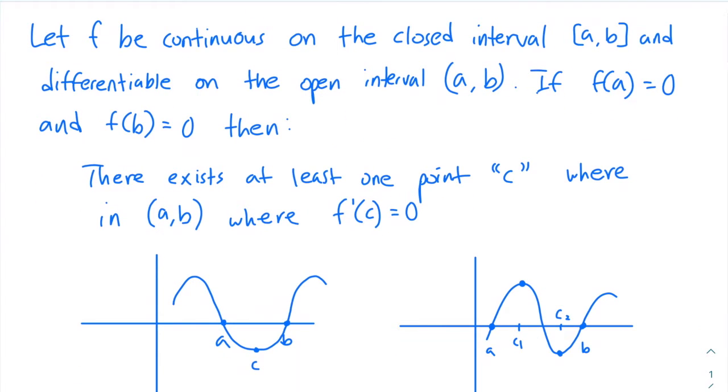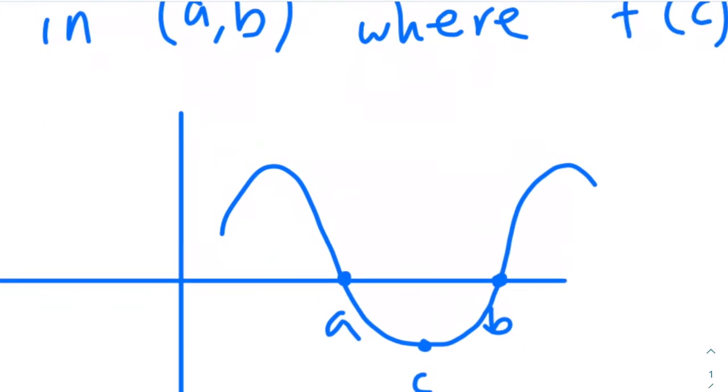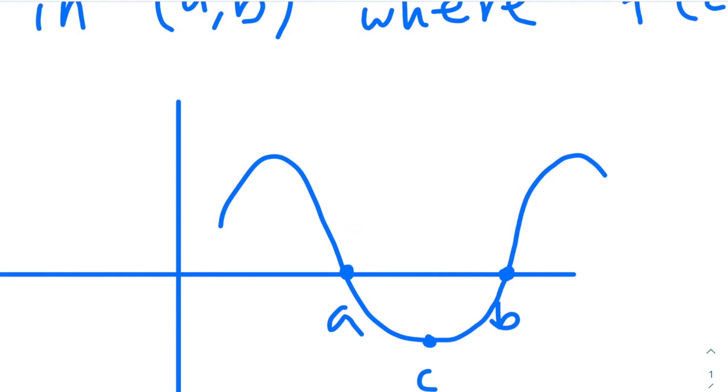So if we know that a and b are x-intercepts, then there exists at least one point, which we're going to call c, in that interval of a to b, where the derivative at that point is equal to 0. Let's look at this example here. We see that this function crosses the x-axis at a and at b, so we're going to consider the interval a to b. The function between a and b has a semicircular, curved shape.